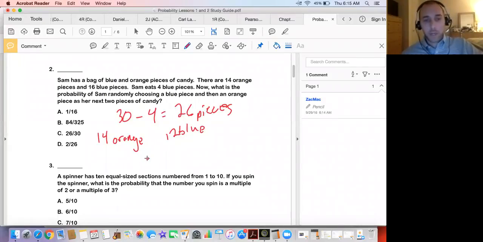We know we're going to multiply these fractions. First, the probability of choosing the blue, so 12 out of 26. Obviously, she's eating the piece, so it can't be replaced back into the bag. So the next probability of getting an orange would be 14 out of 25. And then you multiply these together.